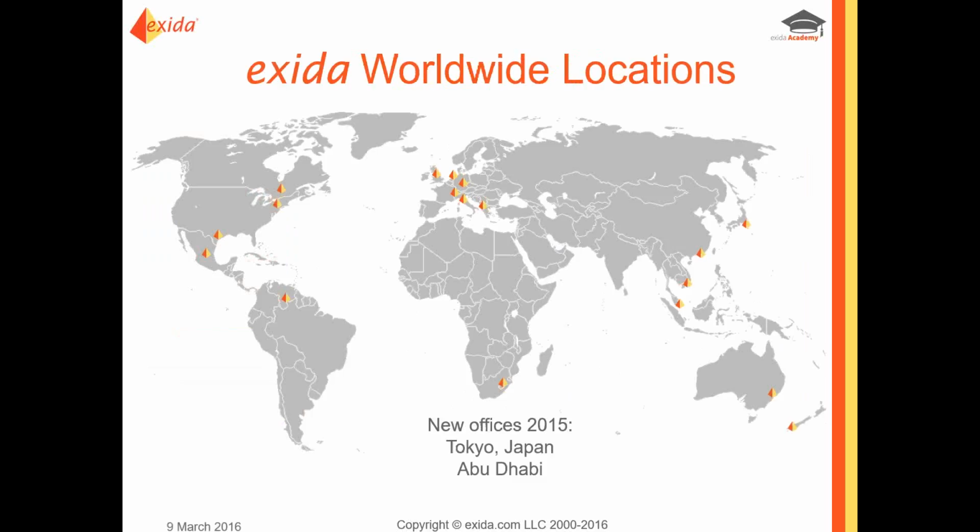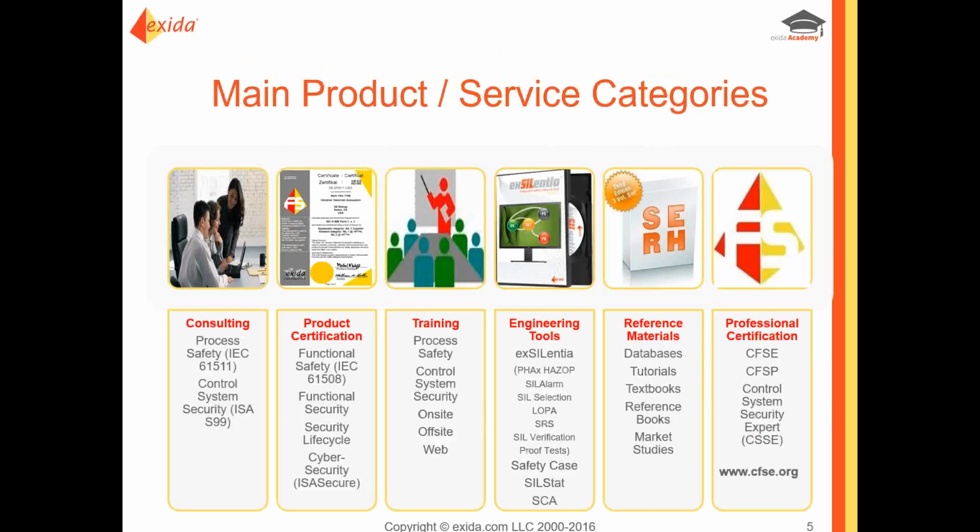I work for exida. exida is a global corporation with many locations around the world. Our most recent have been a new legal entity in Japan and a new office in Abu Dhabi. exida does a lot of different things, but all of our work is focused on automation systems, functional safety, cybersecurity, and alarm management.